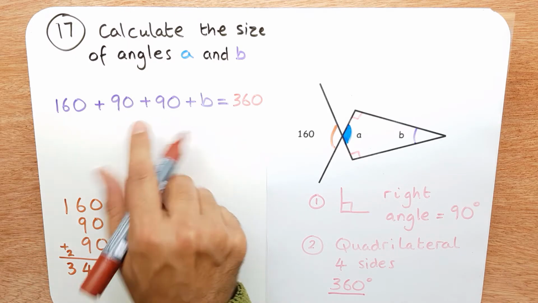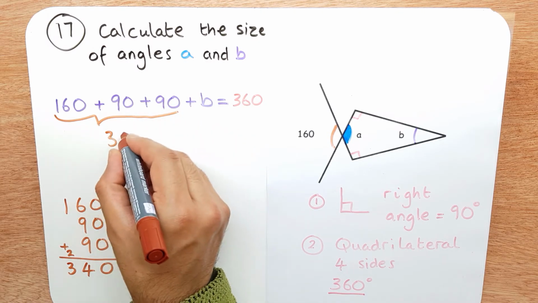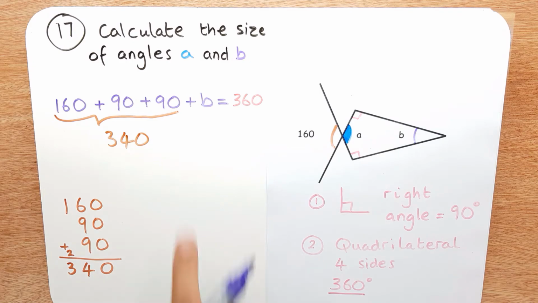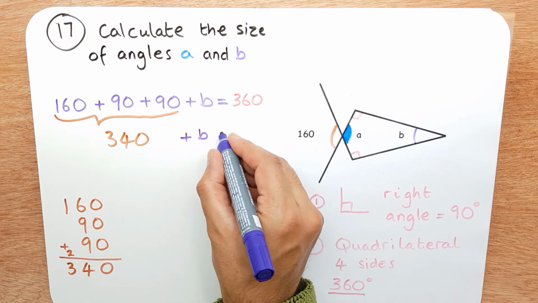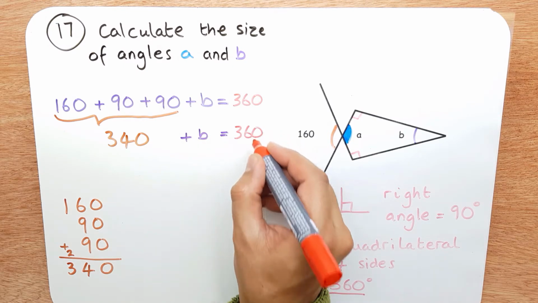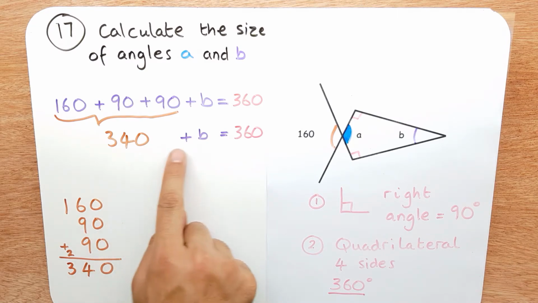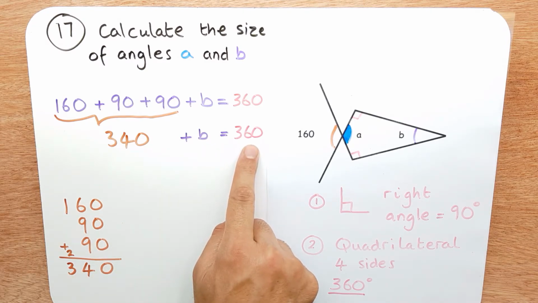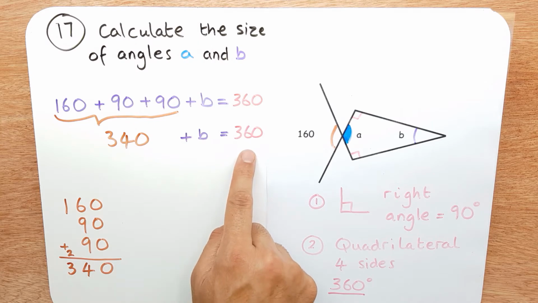So these 3 here add up to 340. And then we bring this down, add B equals 360 degrees. Now we have this equation, 340 add B equals 360, and we simply solve this. What we do is we remove 340 from both sides.